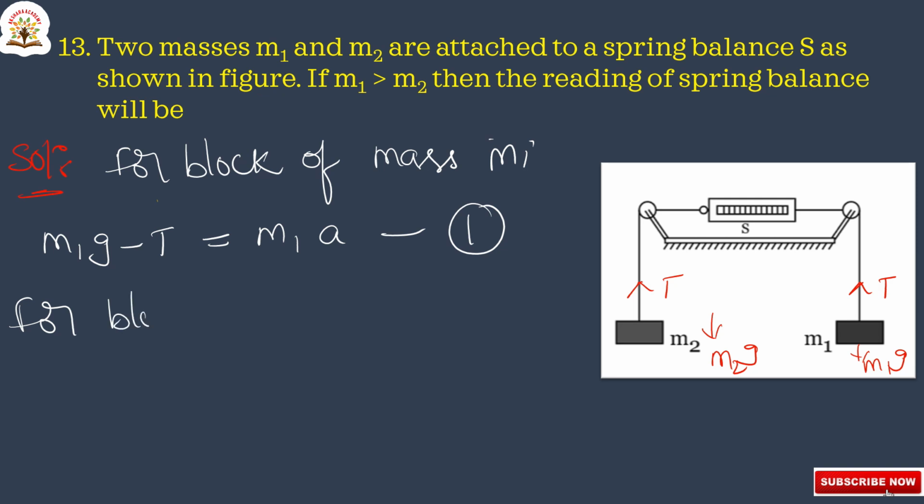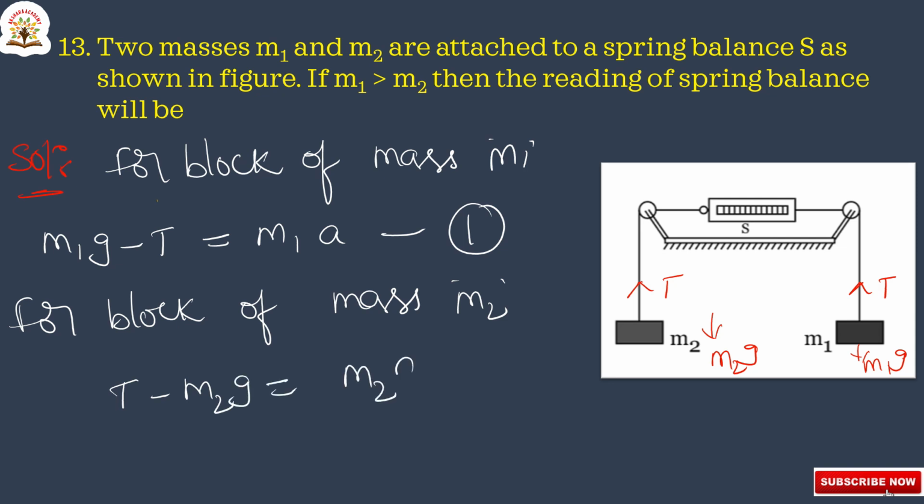And next, for the block of mass m2, T minus m2g is equal to m2 into a. This is equation number 2.